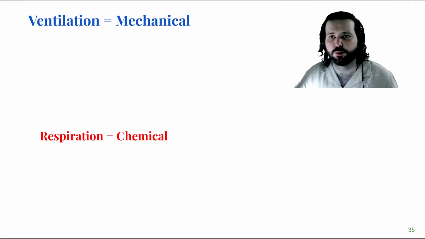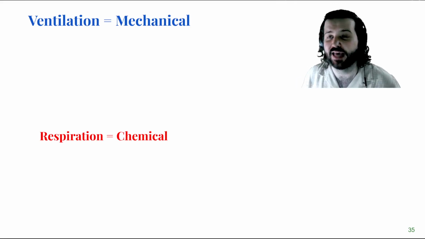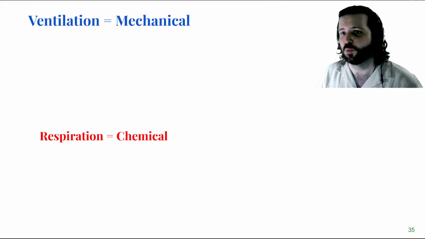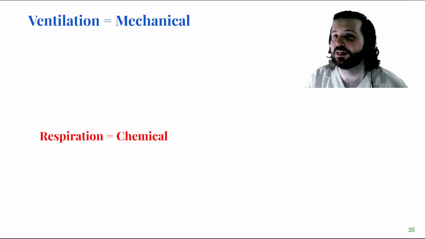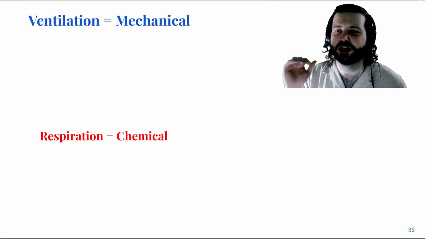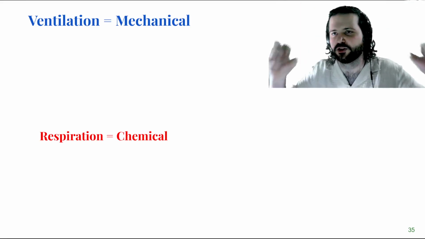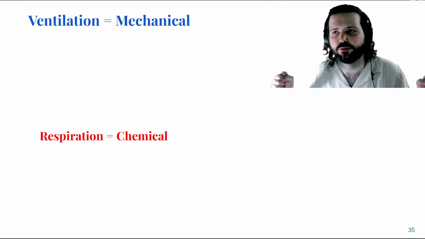Now, there can be a couple different reasons why somebody has difficulty breathing. It could be a mechanical issue, where they aren't physically able to get air in, or it could be a respiration or a chemical issue where they're not actually able to get oxygen out of that air into their body.